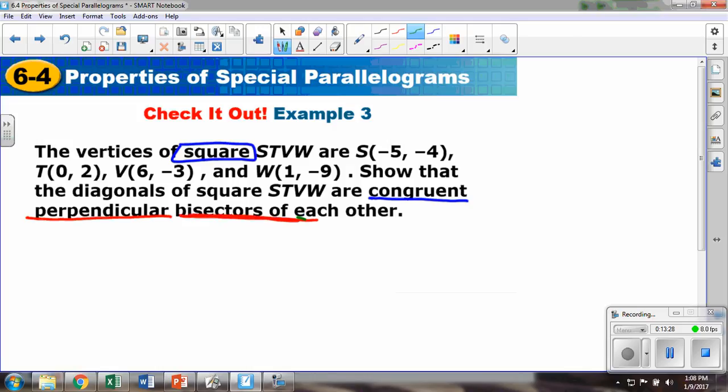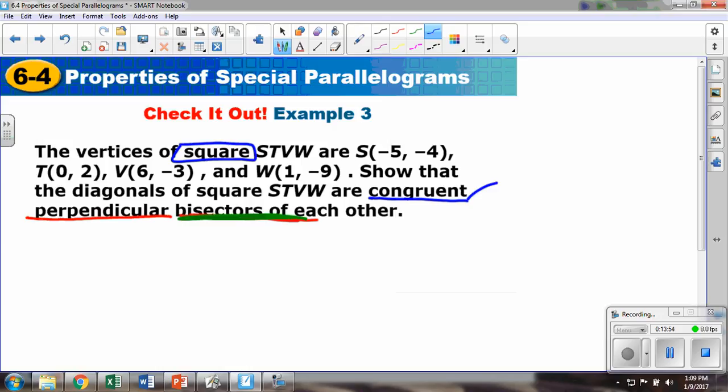So we're being asked for three things. Congruent diagonals, crunch numbers and actually get them. We need perpendicular diagonals, crunch numbers and get it. We need bisectors, crunch numbers and get it. And in order to do these things, we have a lot of formulas that we need to rehash, ones that we've used before.